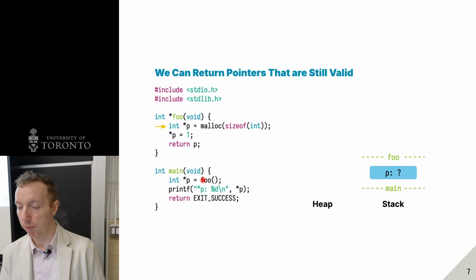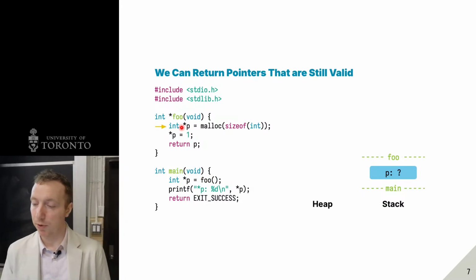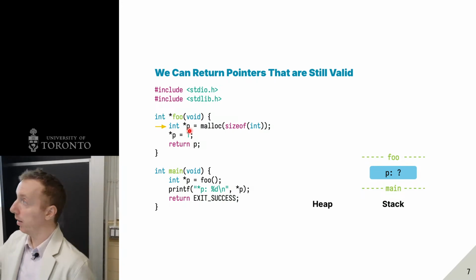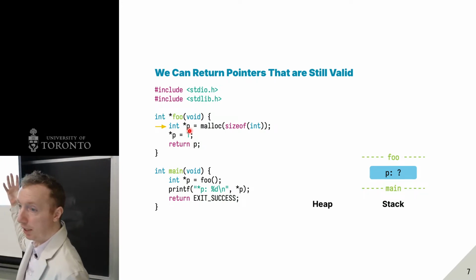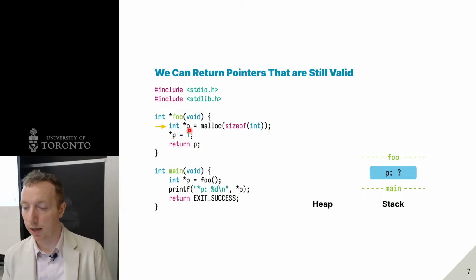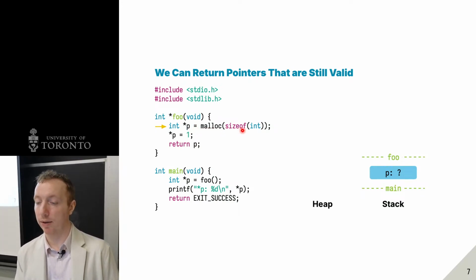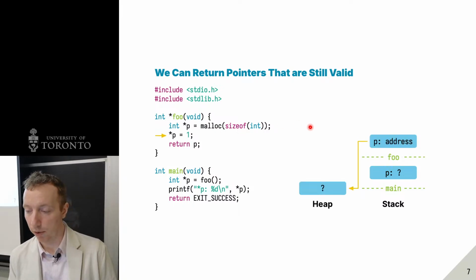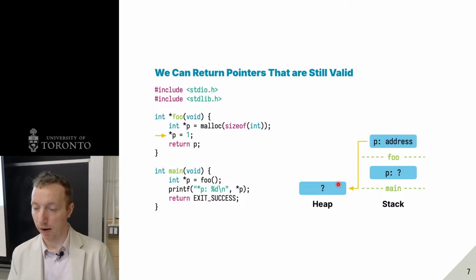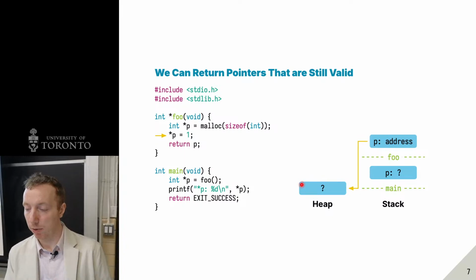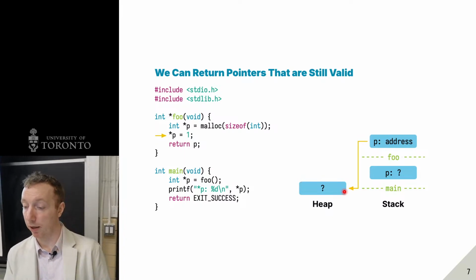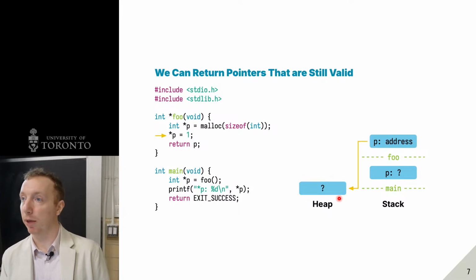So when we execute this code, first we call foo. Then foo has its own variable called p, which is a pointer to an int, and it will assign that to whatever malloc of sizeof int returns. Part of that malloc call will grab, in this case, 4 bytes from the heap.